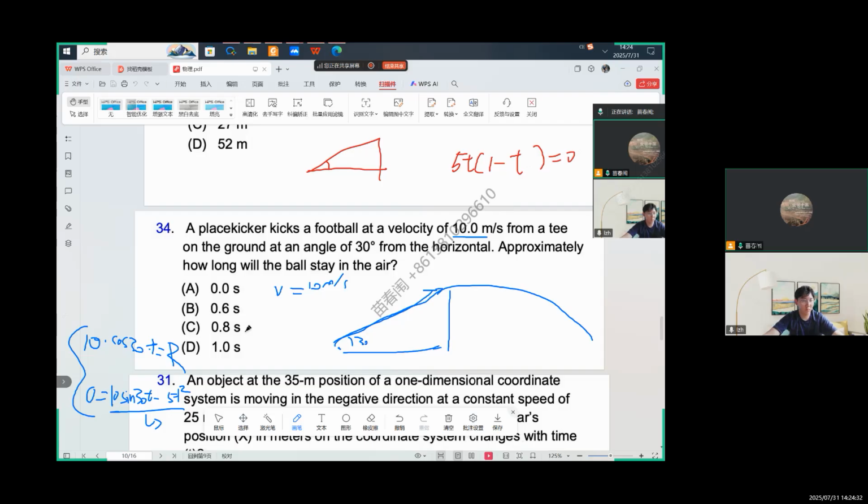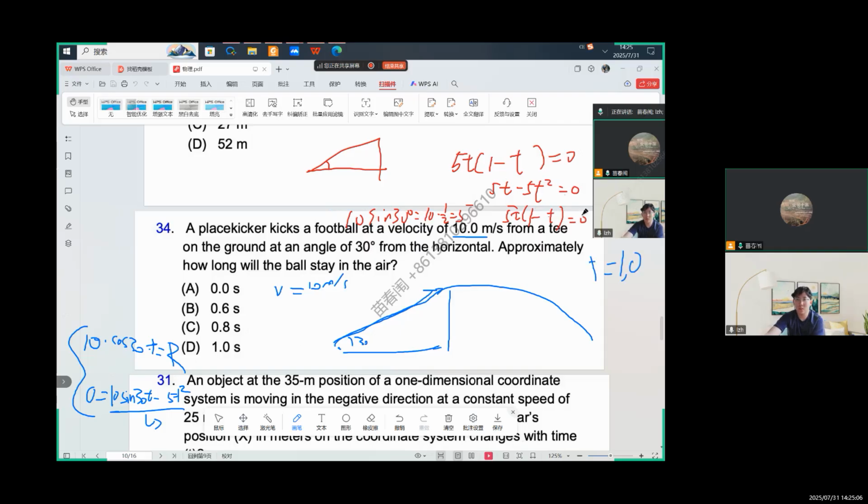So basically it's 5t minus 5t squared. Using factorization, 5t out, and then it's 1 minus t inside. So t equals 1 or 0.